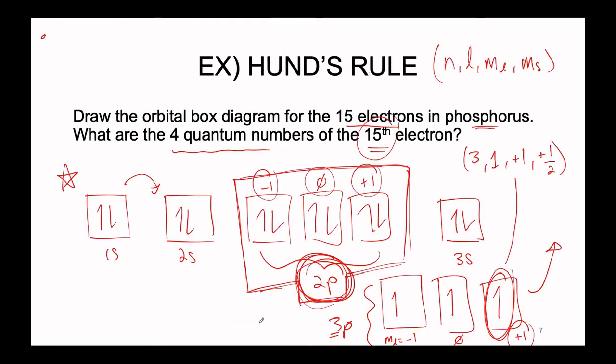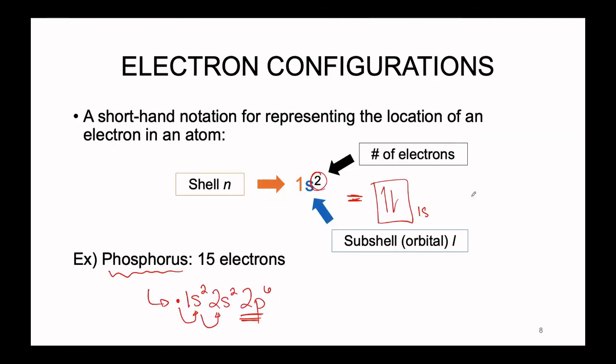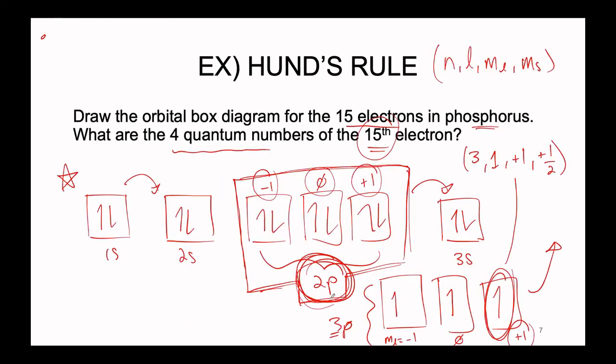All right, after the 2p, we can move on to the 3s. We can see there's only one 3s orbital, with 2 electrons inside. And last but not least came the 3p orbital, going back to the box diagram. There was the 3p orbital set, with each of these 3 individual p orbitals inside.